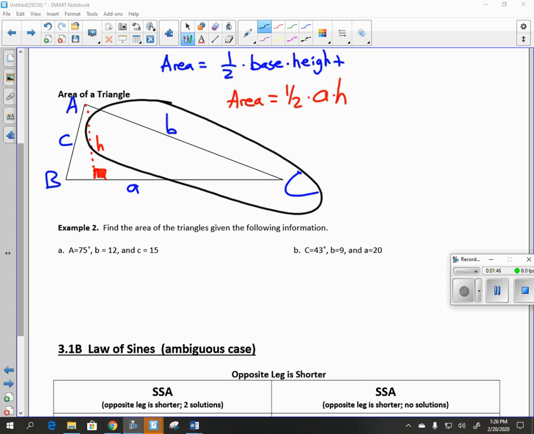Opposite. Is B the opposite, adjacent, or hypotenuse? Hypotenuse. So we have opposite and hypotenuse, so that means sine. Sine of C is what? H over B.